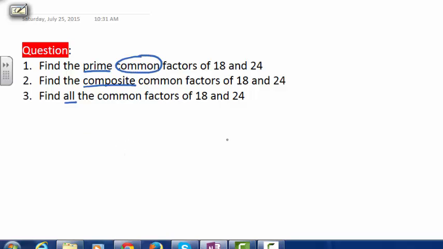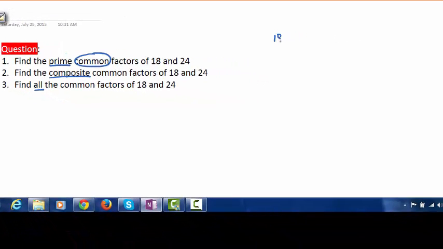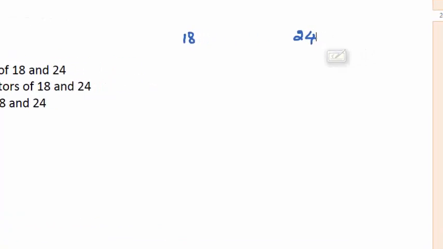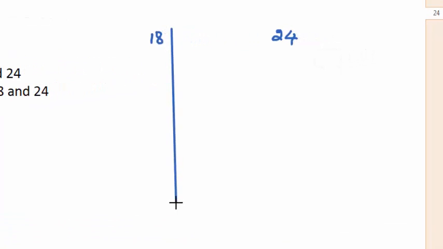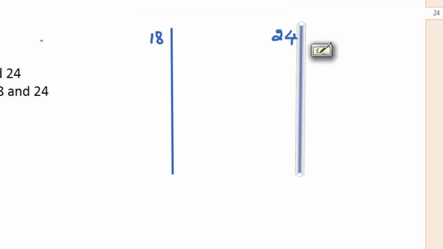So let's do it. I have 18 and I have 24. Let's check all the prime factors in each one. In 18, can I divide 18 by 2? Yes, 9. Can I divide by 2?